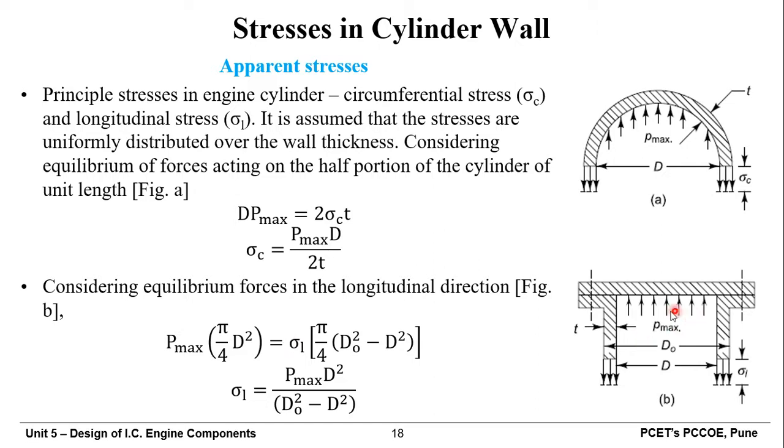Pmax multiplied by the area pi by 4 D square is the force exerted by the combustion gases on the cylinder head, and it is balanced by sigma L multiplied by pi by 4 into D naught square minus D square, where D naught is the outer diameter and D is the bore diameter. So sigma L equals Pmax D square upon D naught square minus D square, and this is called the apparent longitudinal stress.